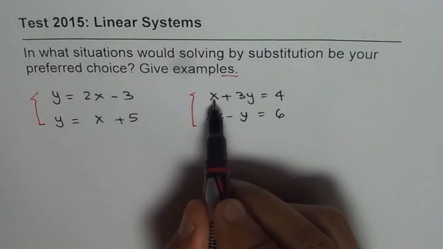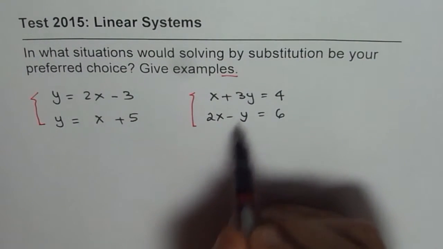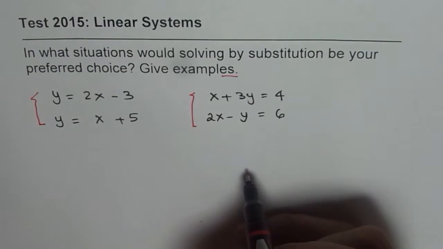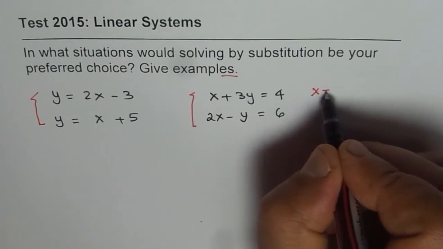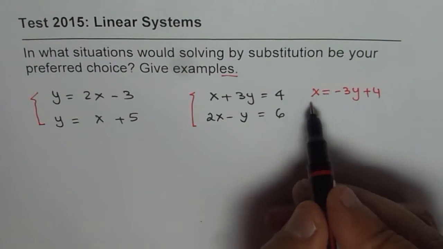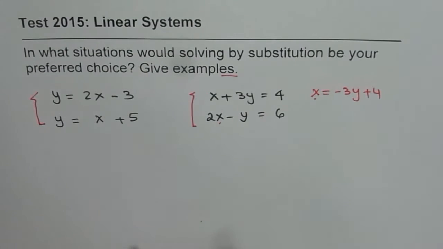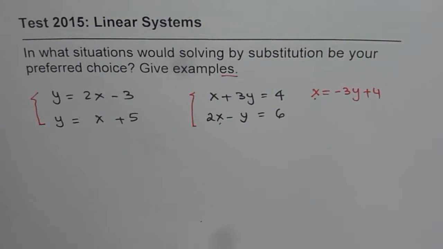So once we isolate x and we write what x is in terms of y or what y is in terms of x, then we can substitute that value. For example, here x will be equal to minus 3y plus 4. So we can substitute this value of x here and solve the equation. So that is another way we can solve it, right?